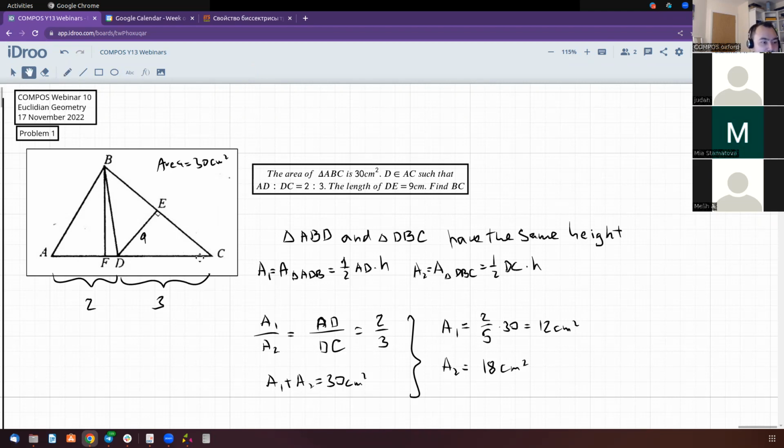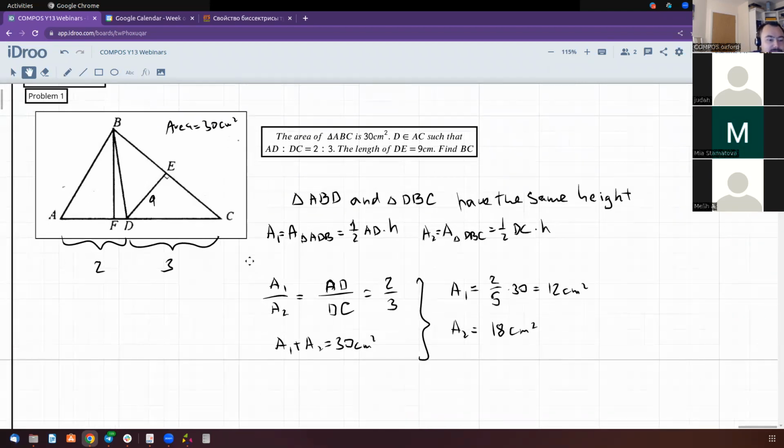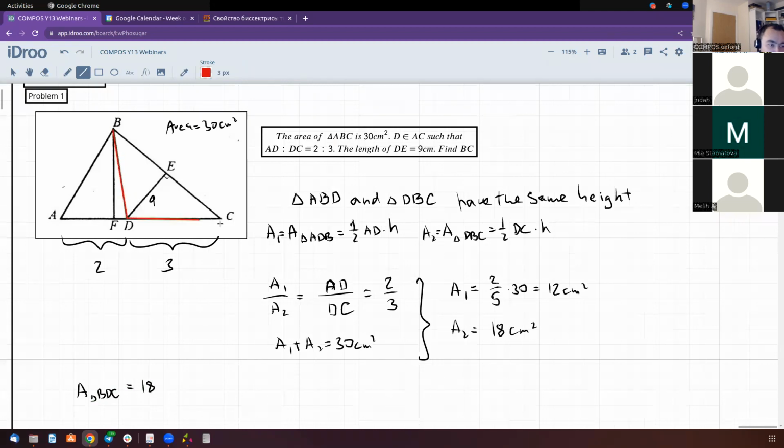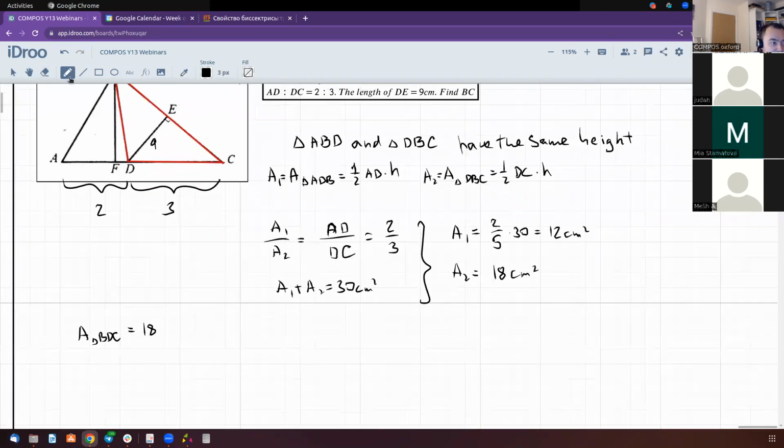Right. So we found the area of triangle BDC is 18. On the other hand, the area of this triangle is equal to 1/2 base times height.